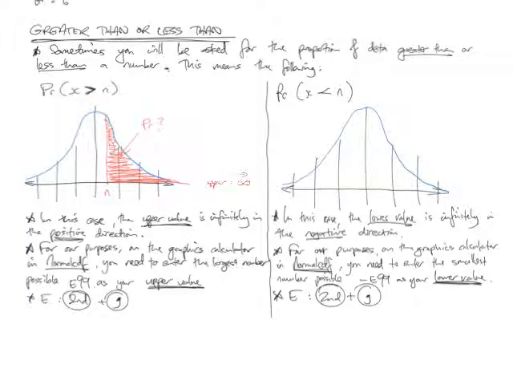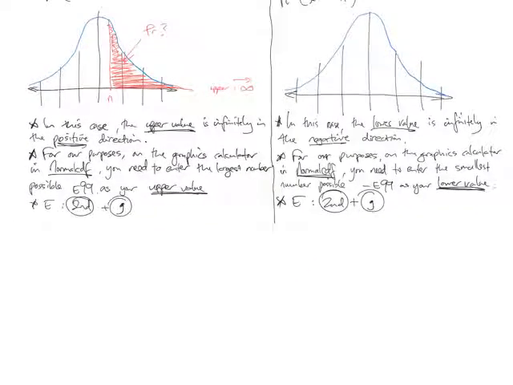Okay? So for our purposes, we can't actually put infinity in the graphics calculator in Normal CDF. What you need to do is enter the largest number possible, which is E99 as your upper value. How do you access E? It'll be second and the comma button. So as an example of what your calculator would look like, it would be Normal CDF, lower.